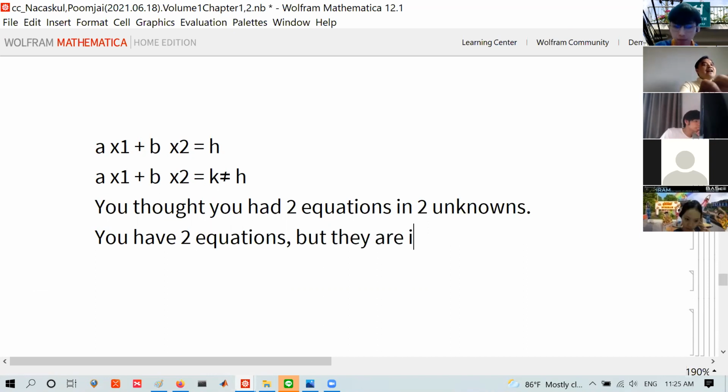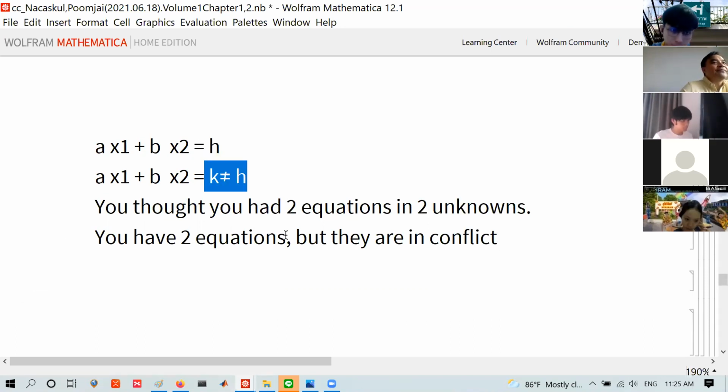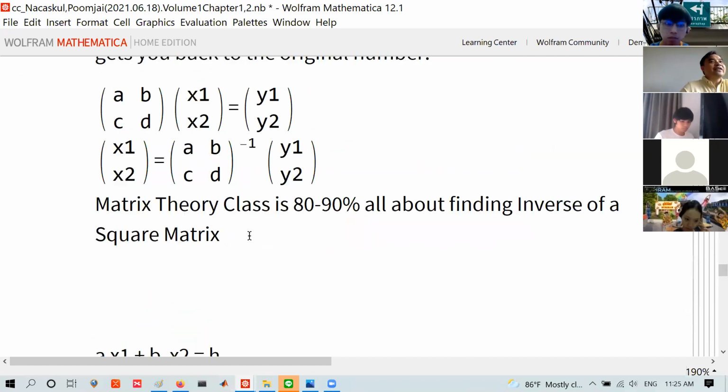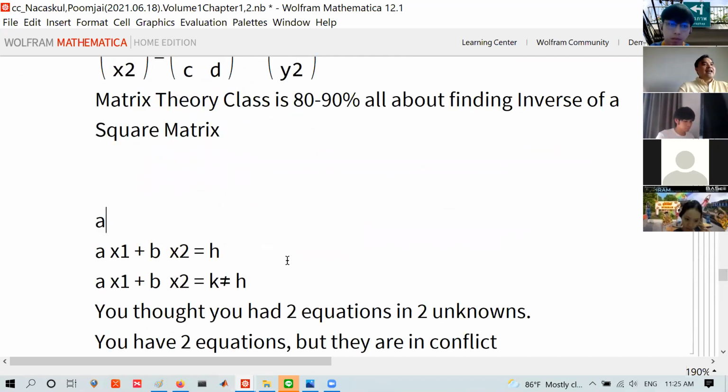They are in conflict because it cannot equal this and this at the same time. So the problem originally arises when C is equal to A and D is equal to B.